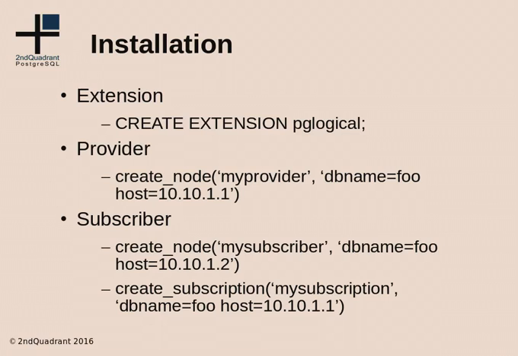And then on the subscriber, you again create the subscriber node, and then create a subscription where you name the subscription and specify from where it should replicate. The reason why you specify connection strings here is that the initial data synchronization that can happen for the tables, or even not just the initial one, but if you add tables later, the synchronization needs to know connections to the node itself.